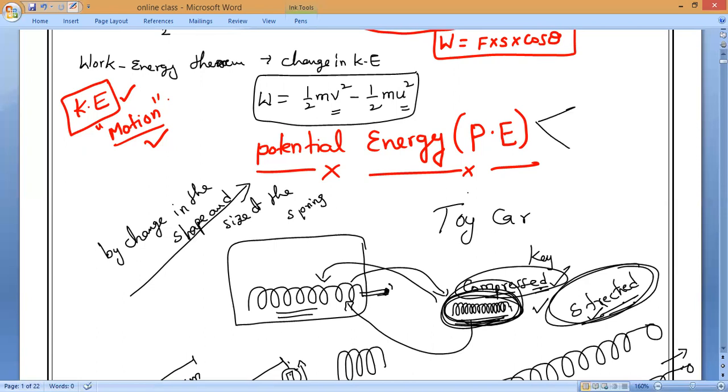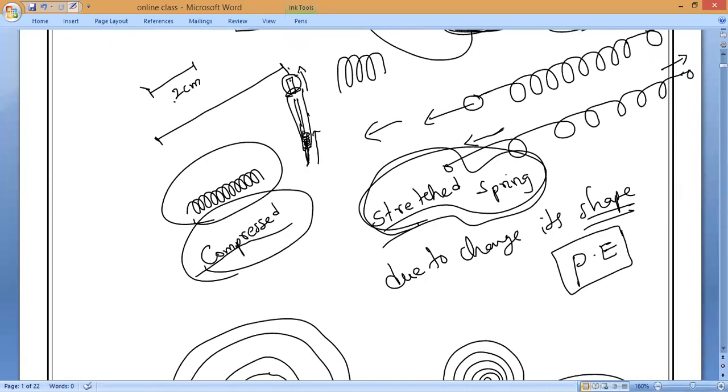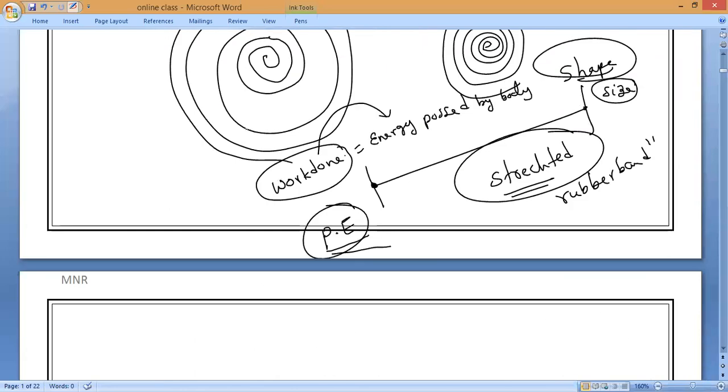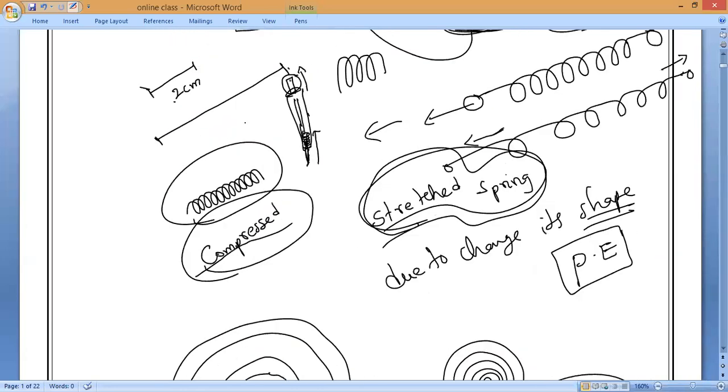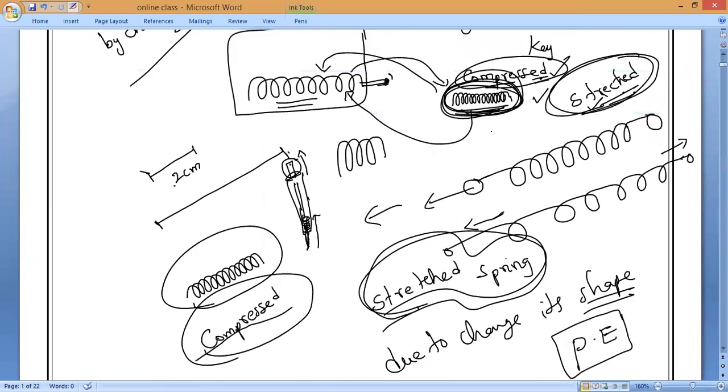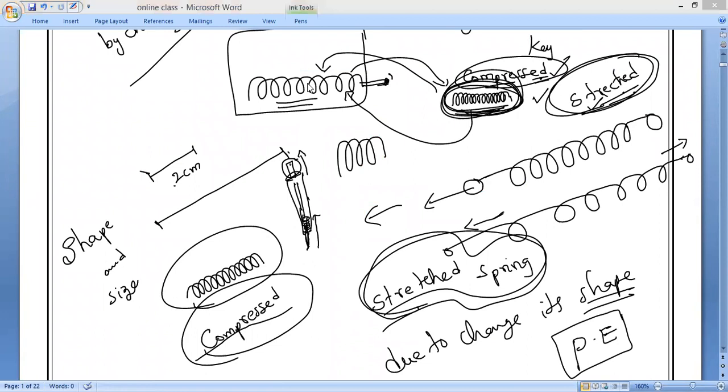We are trying to change the shape of the object, and the second one is the size of the object. If you observe, compressing the spring or stretching the spring, in both cases I am trying to change the shape as well as the size of the object. Is it right or wrong, everybody?